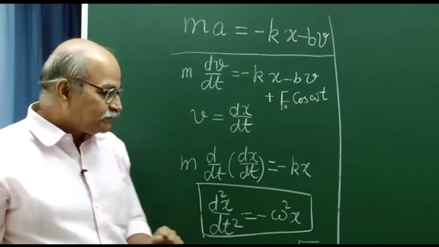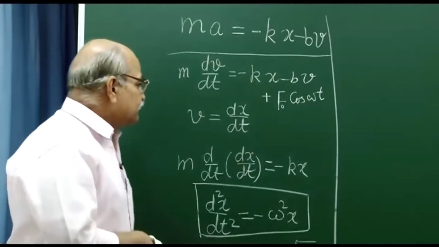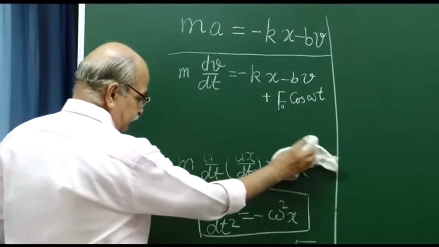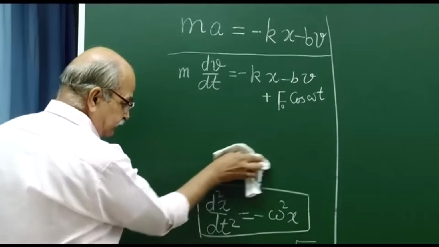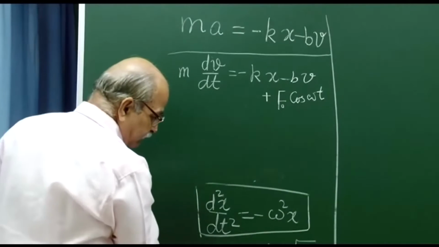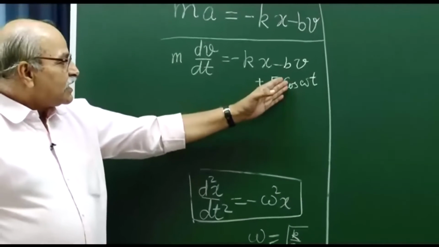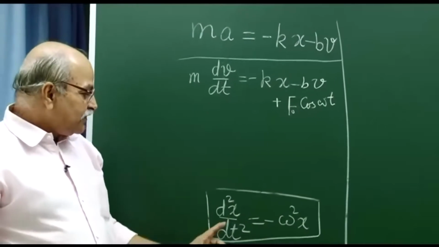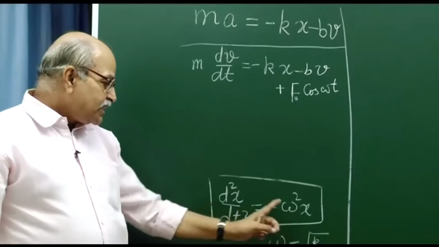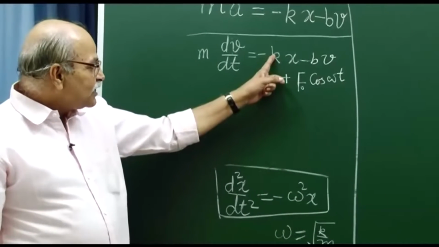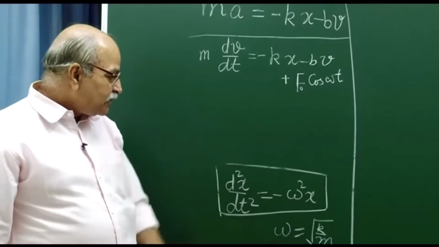So, what will happen? Let me remove this part and this part. What will be the effect of these parts? The basic equation is there, and this omega corresponds to the restoring force, so that omega will be there.